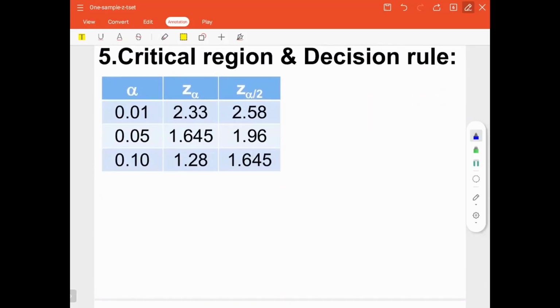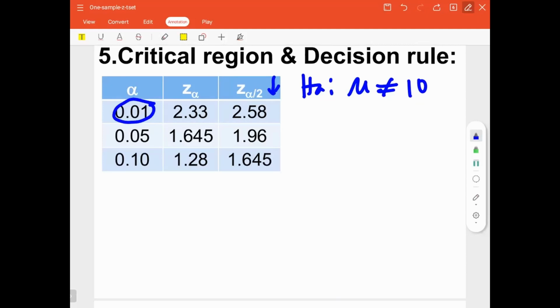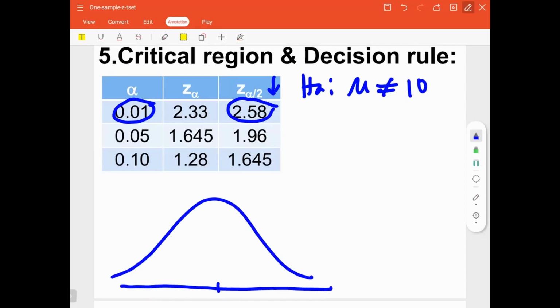Take note, HA is what? The mean is not equal to 10. So this tells us that we'll be adopting a two-tailed test, again with the level of significance of 0.01, so this is now the critical value. With reference again to this normal curve, 0 is the mean.